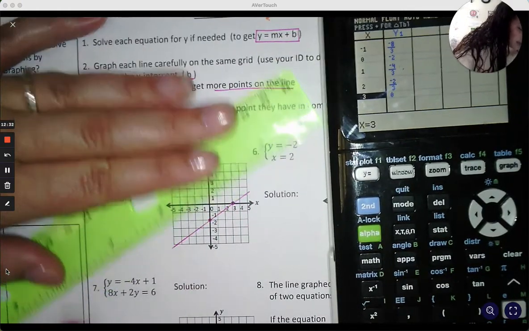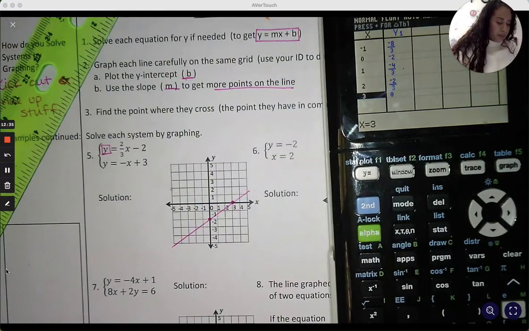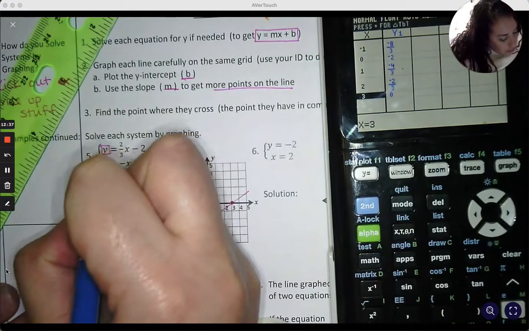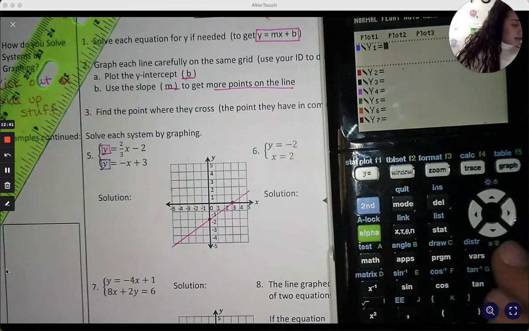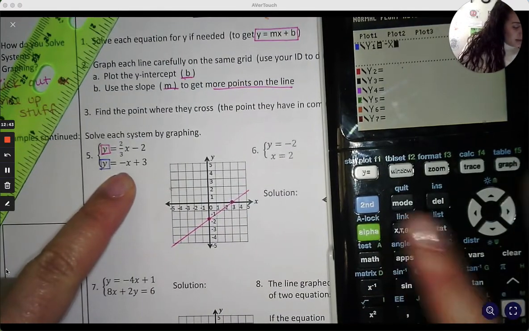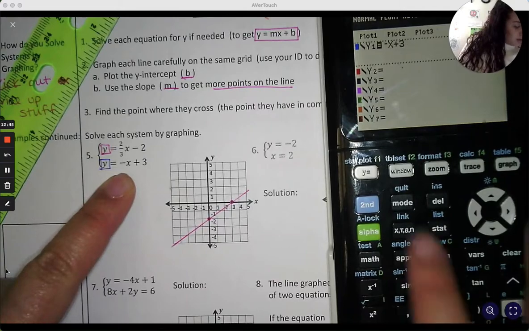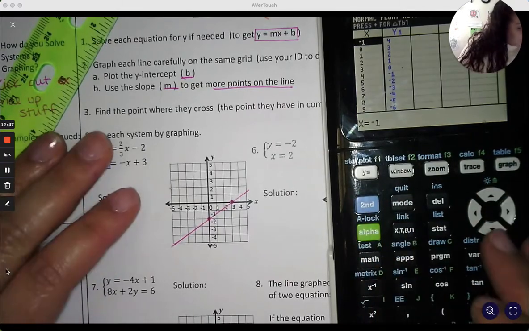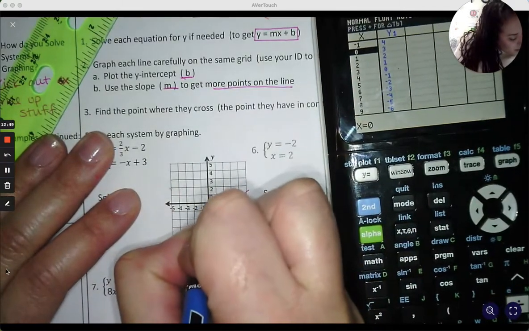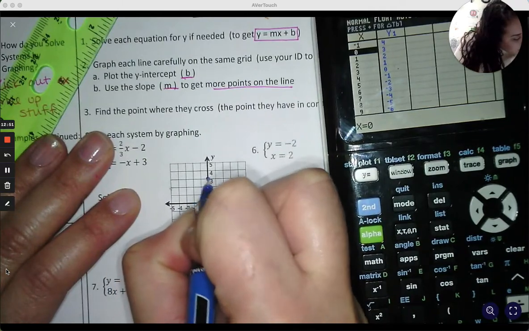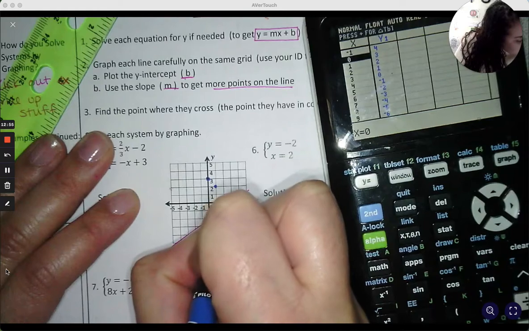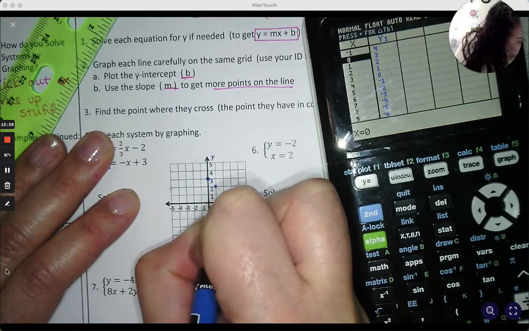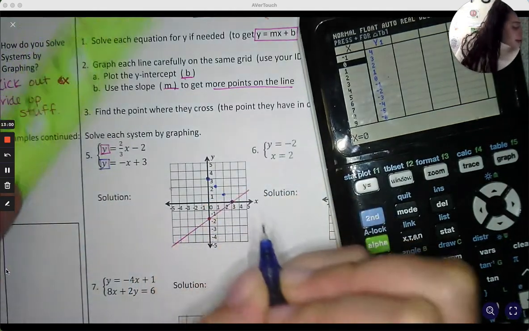So there's our first line. Second line, I'm going to go ahead and clear it. -x plus 3. Look at your table. 0, 3. 1, 2. 2, 1. 3, 0.